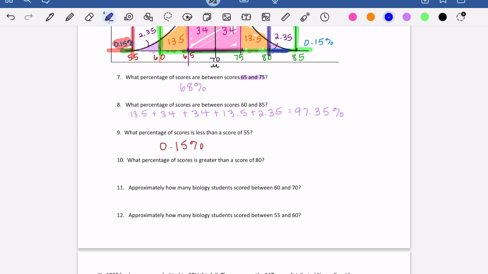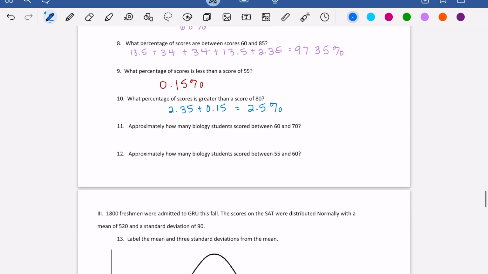And then we want greater than, so that's going to be everything to the right of that. So then I take those percentages. Remember, those percentages are not going to change in the problems. The only thing that's going to change is what's below the line, the scores there. So I have 2.35% plus 0.15%, which gives me 2.5% of all the tests should be above 80.